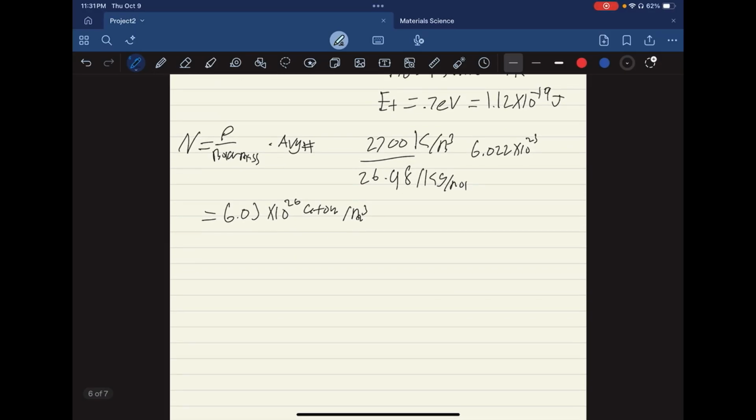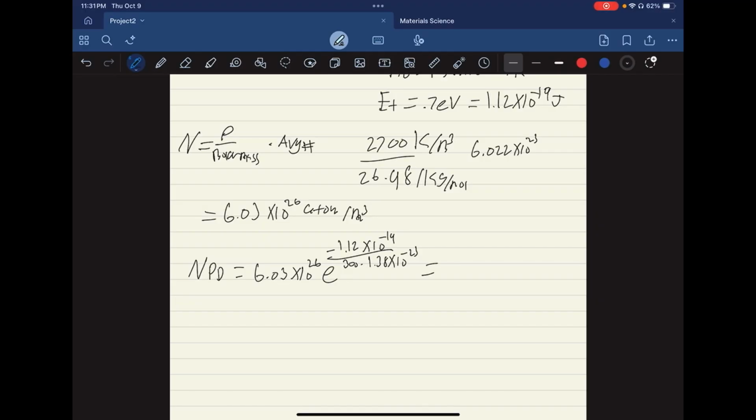Now we're ready to go ahead and plug back into our formula. So we have NPD equals 6.03 times 10 to the 26, e to the negative 1.12 times 10 to the negative 19 over 300 times 1.38 times 10 to the negative 23.